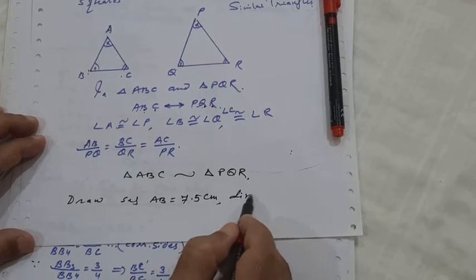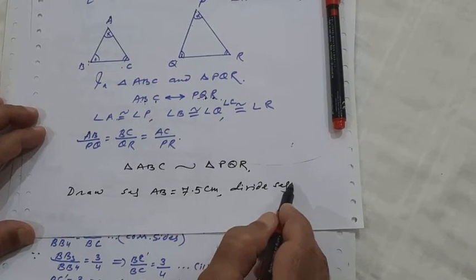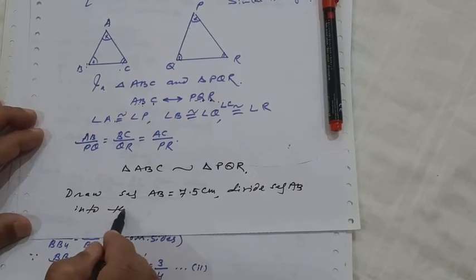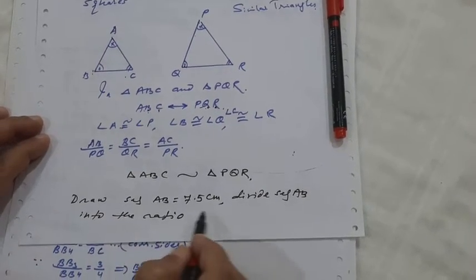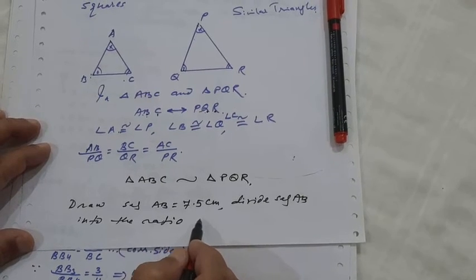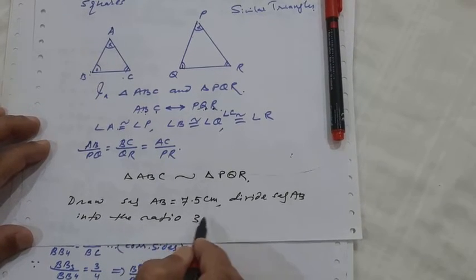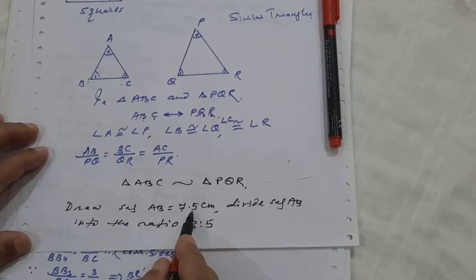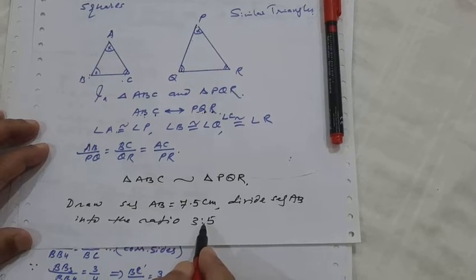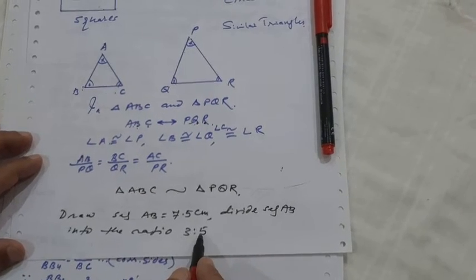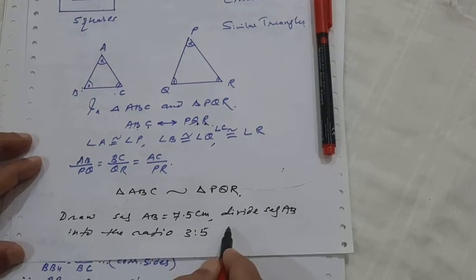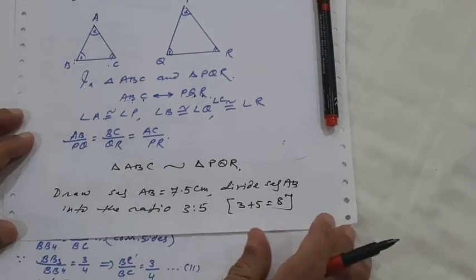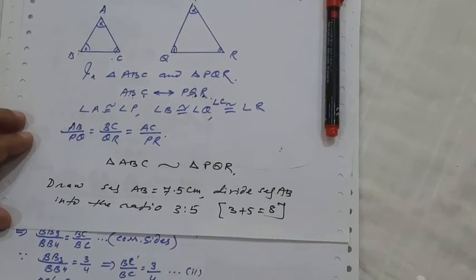Divide segment AB into the ratio 3:5. Remember now this AB should be drawn 7.5, and you have to take ratio 3:5. Mean total 8 parts should be there. 3 plus 5 is equal to 8 parts. Repeat the construction which is shown to you, and tomorrow I will show you the next one.